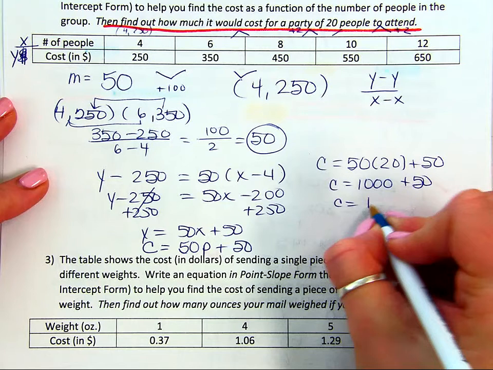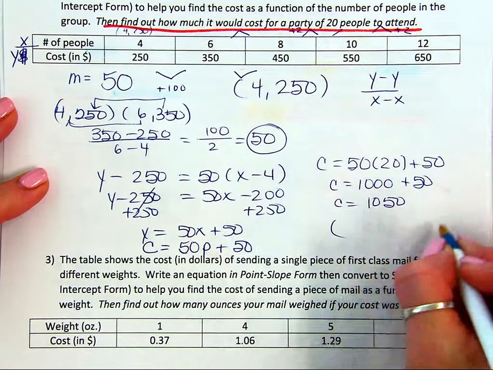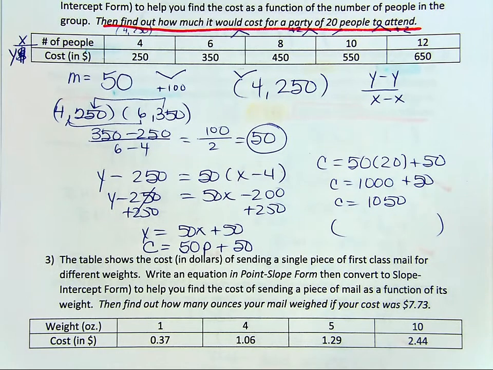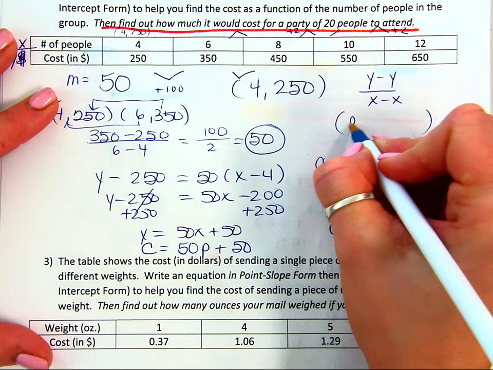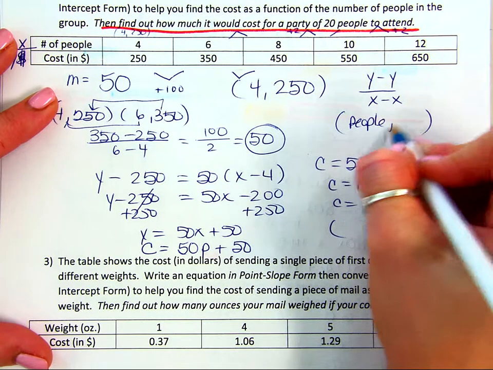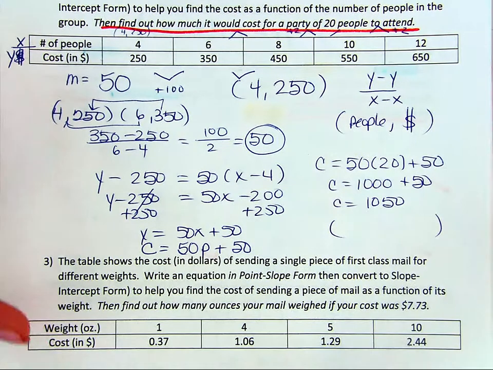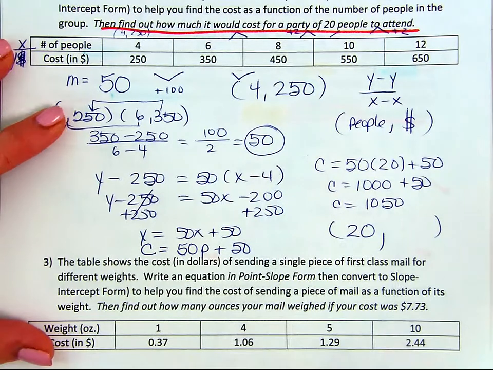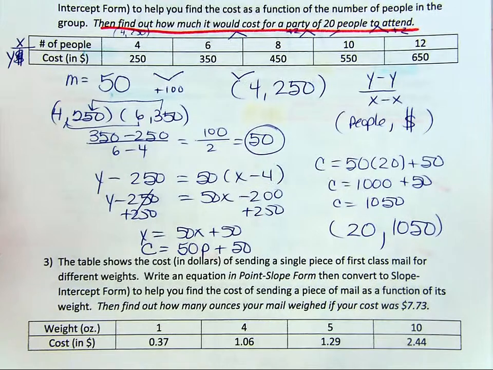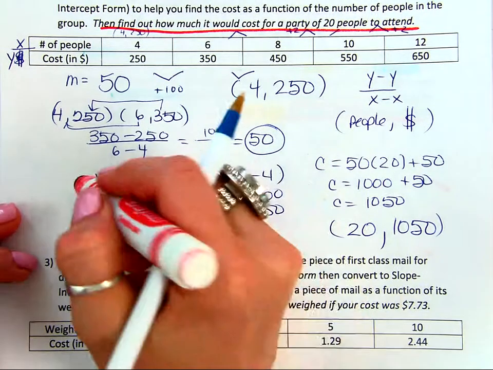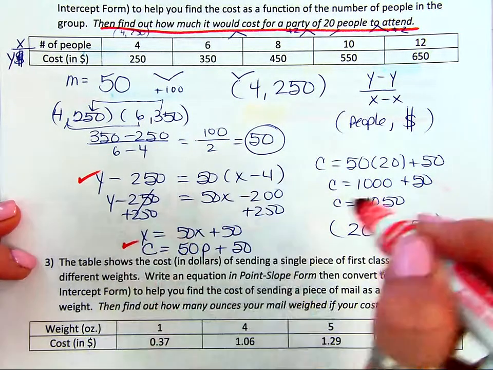So now my ordered pair, and what is that? Oh, we forgot to do this. People, comma, cost. So for 20 people, it's, yep, got it. So you will get 1 point, 2 points, 3 points.